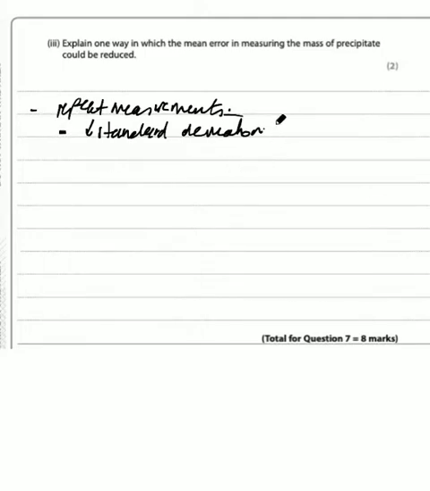Standard deviation just means how much does your result deviate, so move away from the normal value or the standard value. And so the more that you repeat experiments, the more you can get a mean value. And so it reduces standard deviation because you have fewer results that are likely to be anomalies or results that are far further away from the normal.